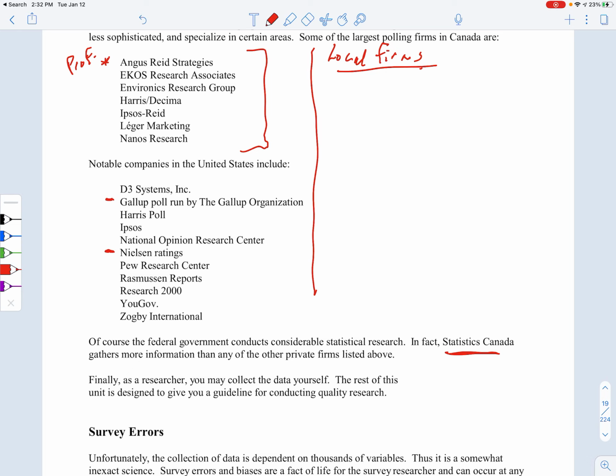And then the other thing is I'm just going to put down your own company. Your own company may have a marketing research division or department. And then HR, of course, gathers lots of different kinds of stats. They can send out surveys to their members.